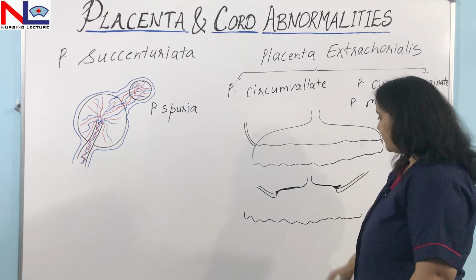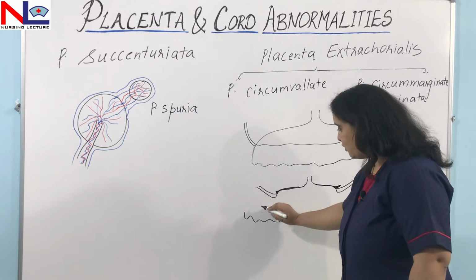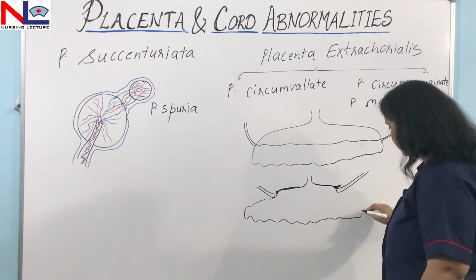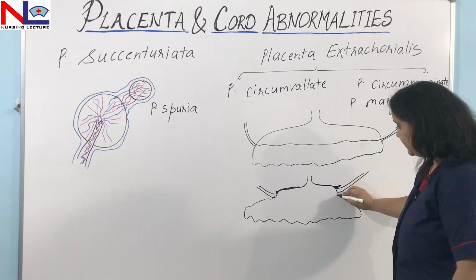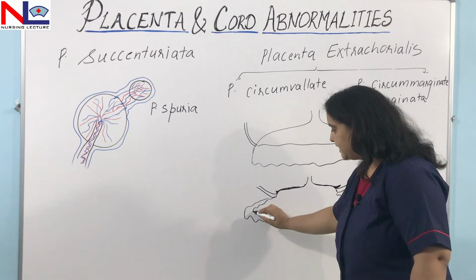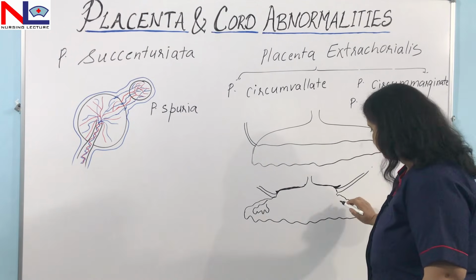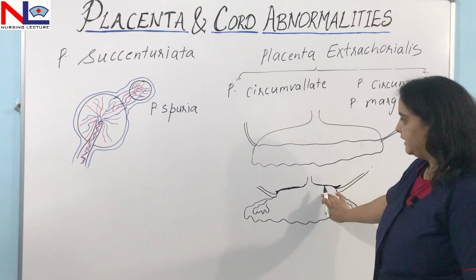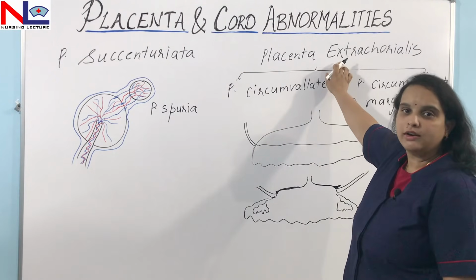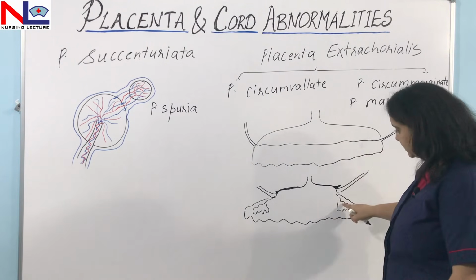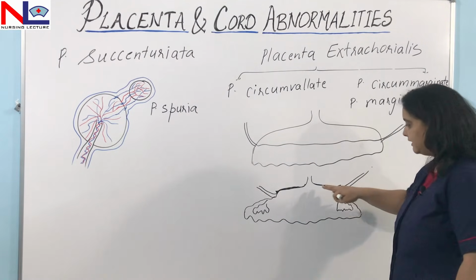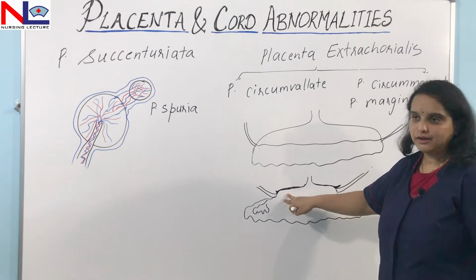The villi which are lying on this side are not covered by the chorionic plate. This is why it is called extrachorialis, because the villi lying on this side are not covered by the chorionic plate.